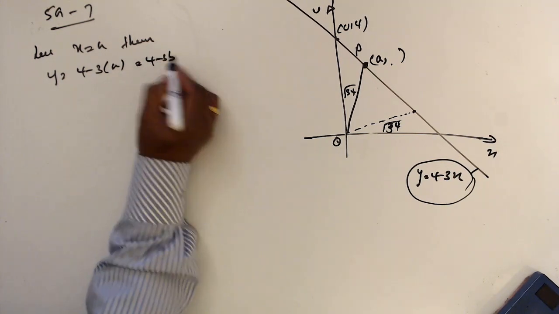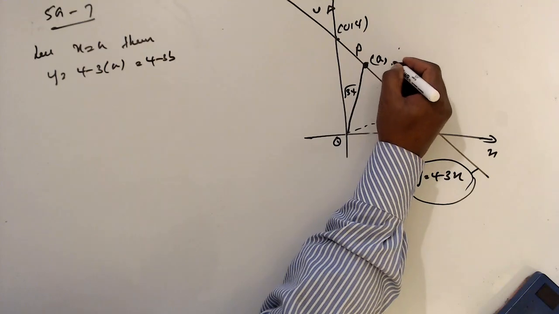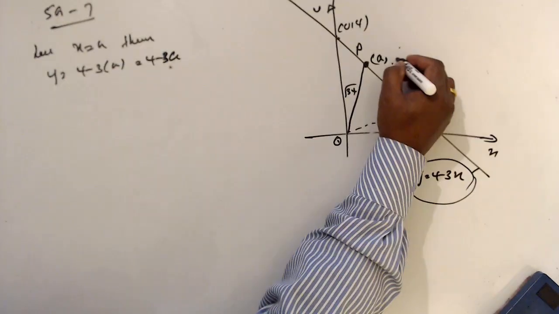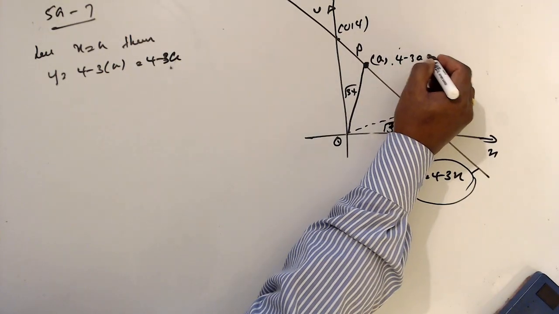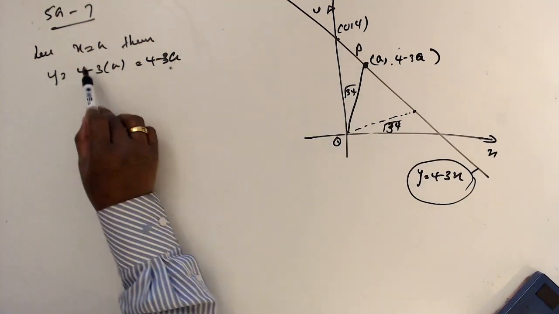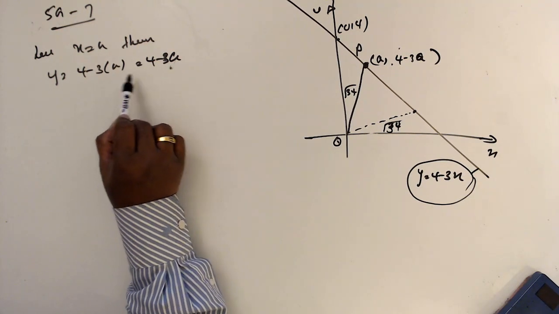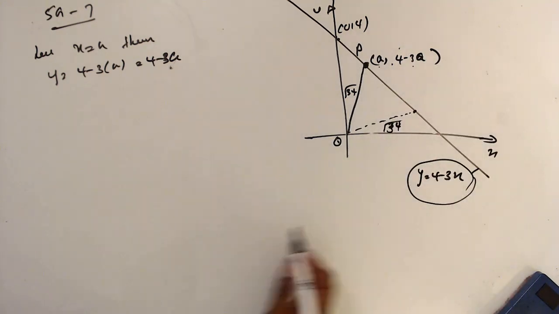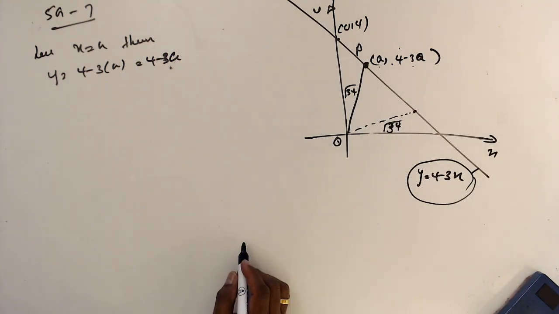So this point is (a, 4 minus 3a). I assume x equal a, then y equal 4 minus 3a. Now I have the x coordinate and y coordinate with one unknown. Now I want to make an equation to solve.